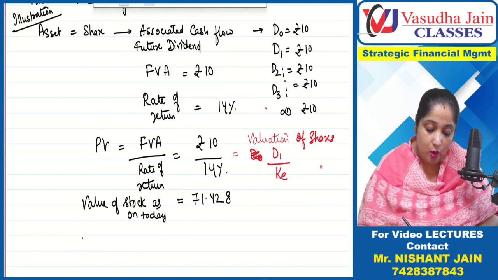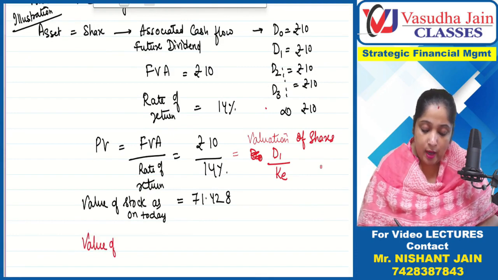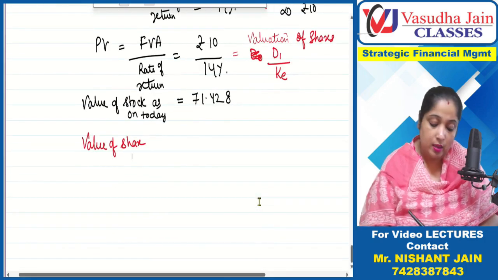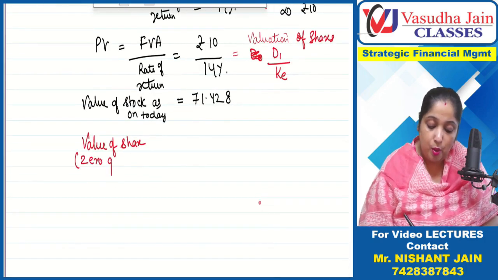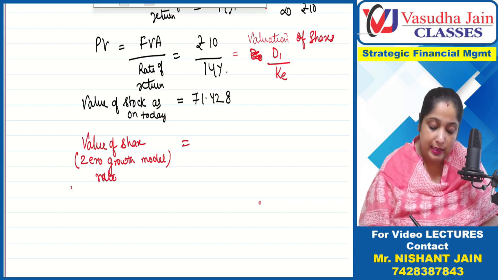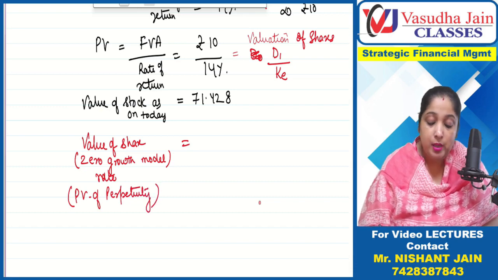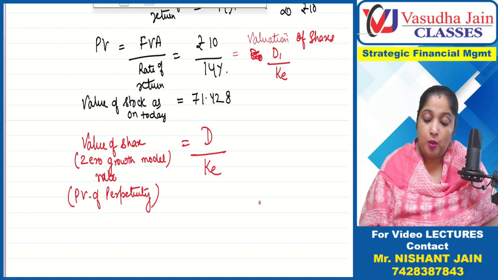So basically now the formula comes: value of share, zero growth model, where there is no growth. Very simple formula. Basically this formula is of present value of perpetuity flows. You just have to divide dividend by the cost of equity.